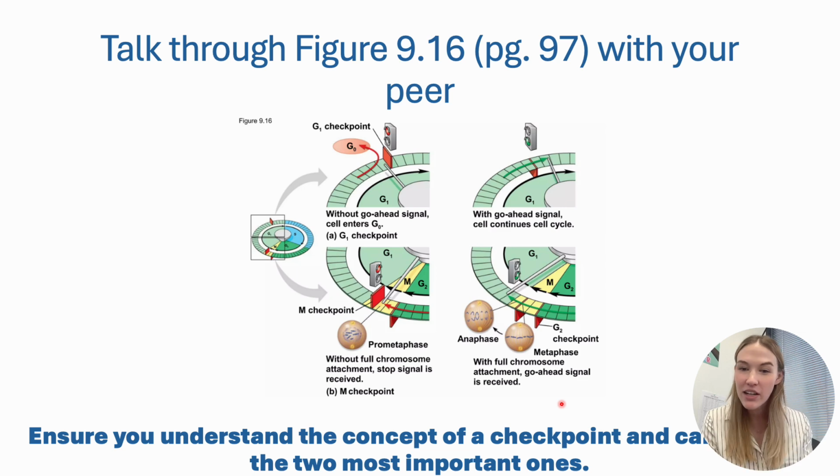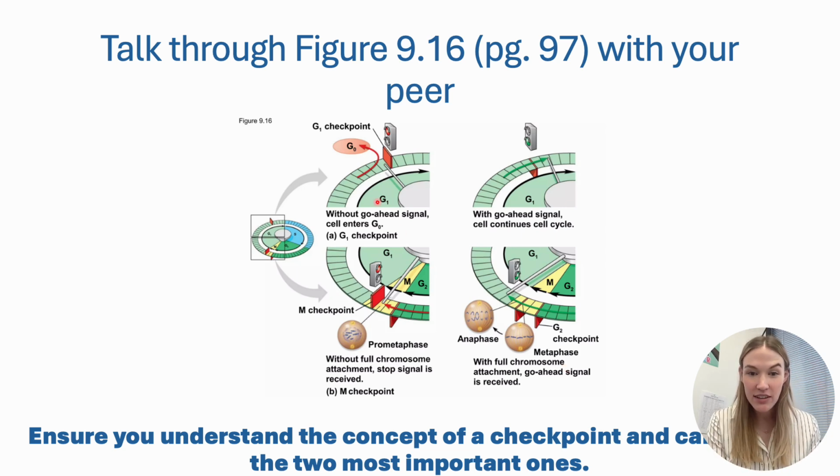Now, like I said, I'm never going to ask you specifically about any checkpoints because there's sometimes a lot of overlap, but in the G2 checkpoint, you can think of it sort of as making sure that the DNA was correctly replicated. G2 is also at the end of interphase, and so you might argue that you've got to make sure that other things are replicated correctly as well, some important organelles.